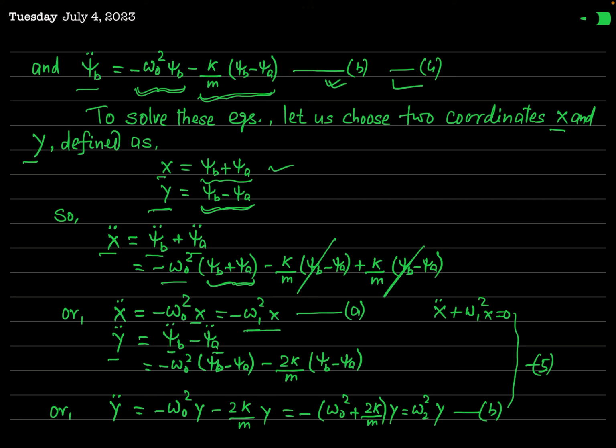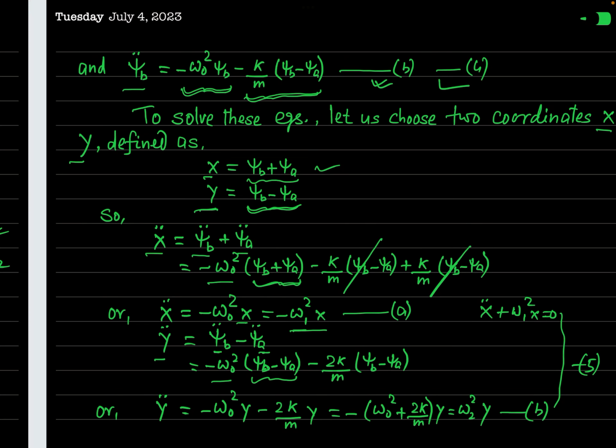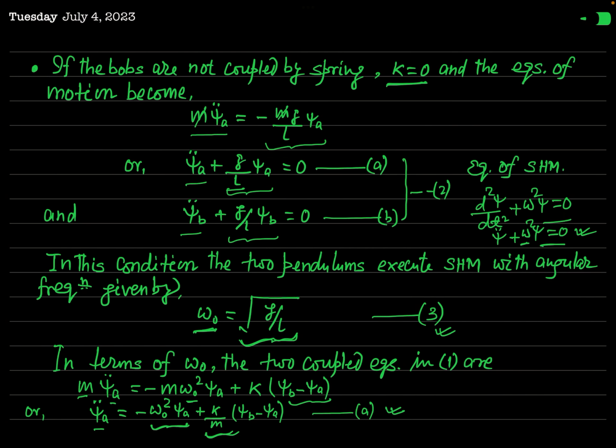When you substitute the value, again you will take minus omega naught square as a common factor, then the remaining terms will be psi b minus psi a, and minus k by m times psi b minus psi a.